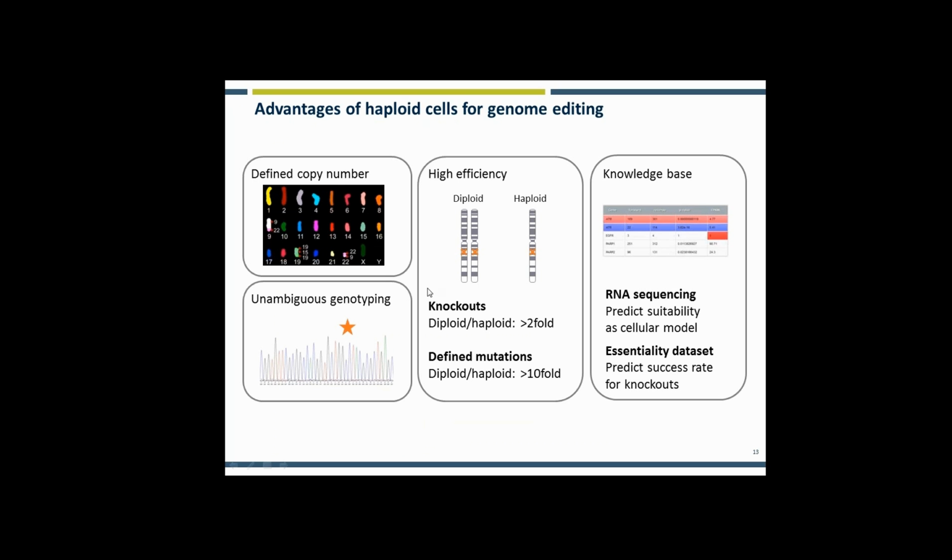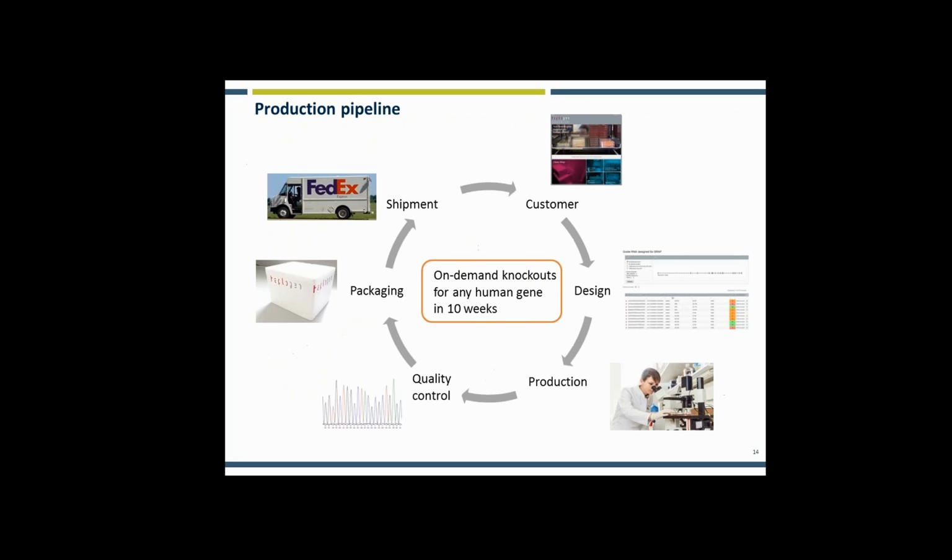We've built up a significant body of data around the cell line, so we know what is and isn't expressed from our RNA-seq data. We've also done essentiality profiling to find out what can and can't be knocked out. And as a consequence, we can now take pretty much any gene of interest, and provided it's not essential, we can knock it out in 10 weeks, and our academic pricing is under $2,000.